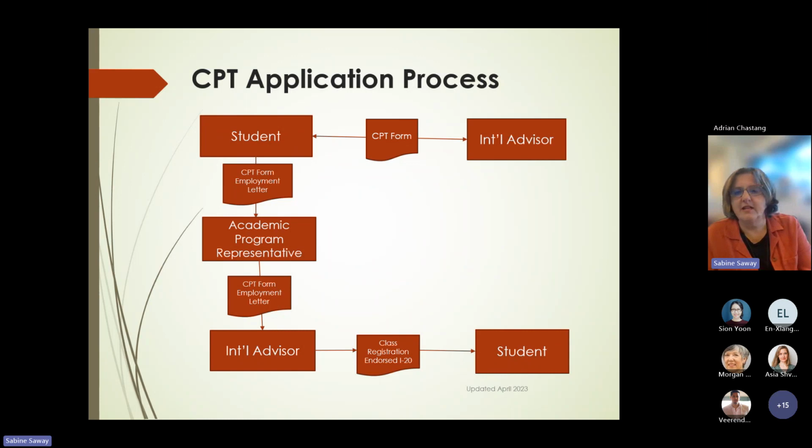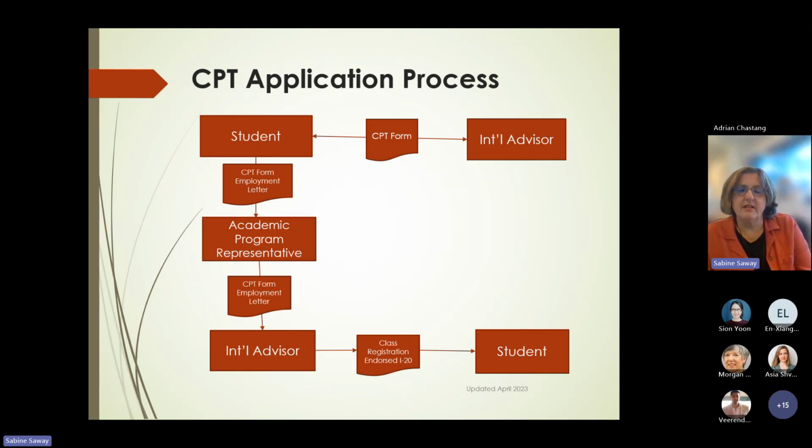It's been my understanding that Sam has reviewed those so far. Then the CPT form and the employment letter get forwarded to the International Student Advisor, who then registers the student for the class and also provides the student with the endorsed I-20.